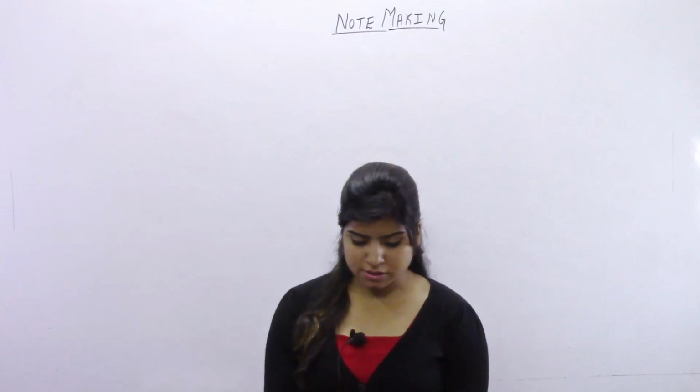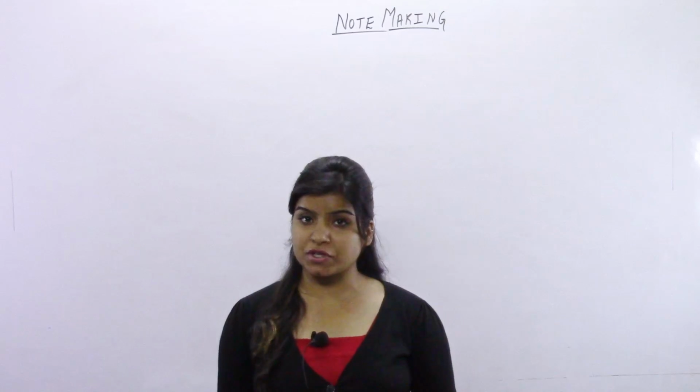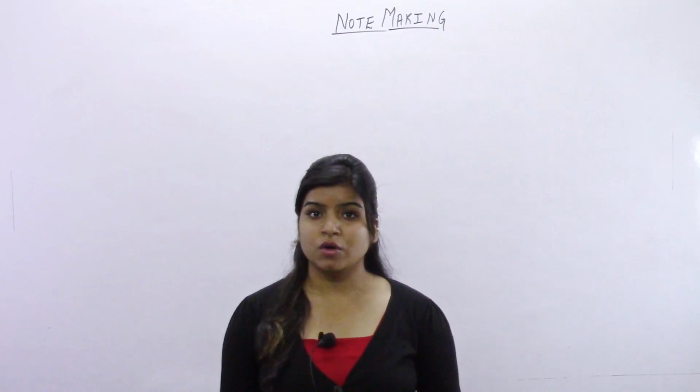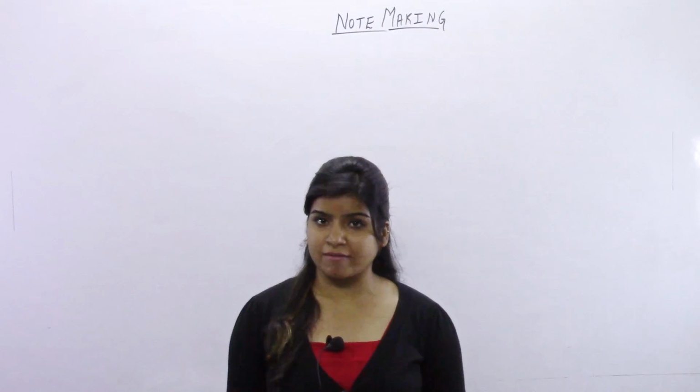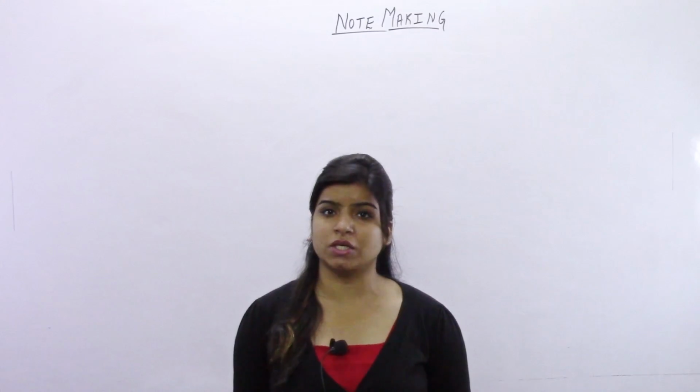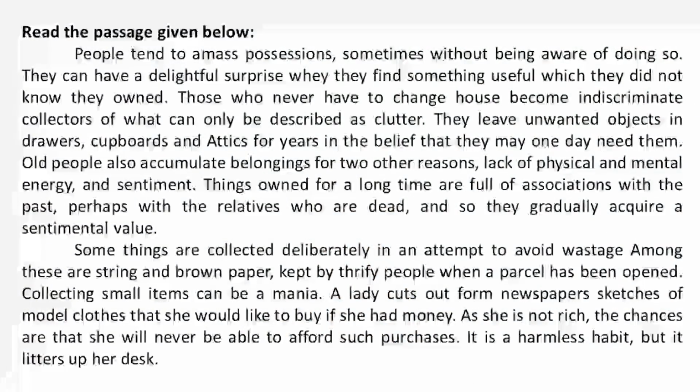Okay, so here's the third paragraph, question number 3 of the 2016 question paper, which I'm reading for you. If you have it, please go through it, else it will be displayed on the screen. People tend to amass possessions, sometimes without being aware of doing so. They can have a delightful surprise when they find something useful which they did not know they owned. Those who never have to change house become indiscriminate collectors of what can only be described as clutter.